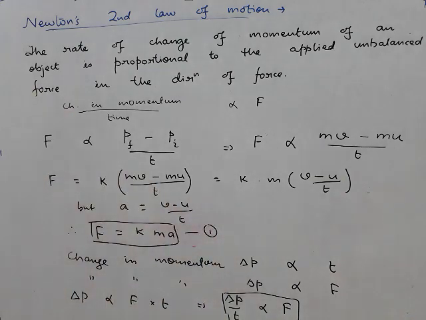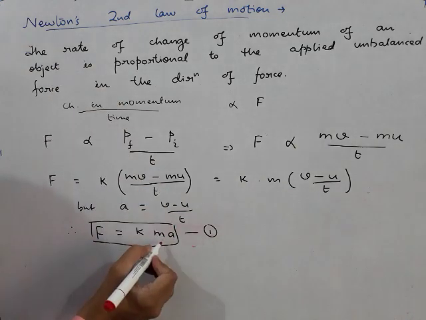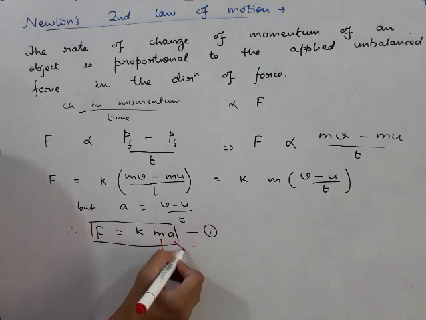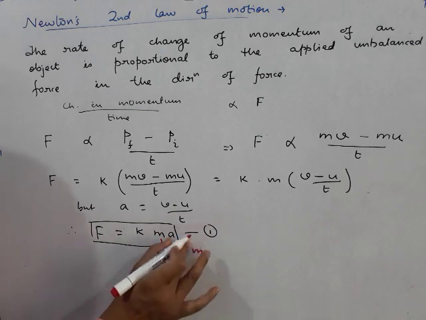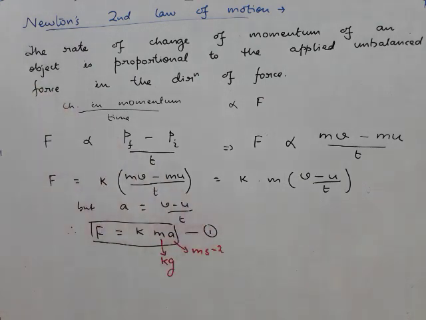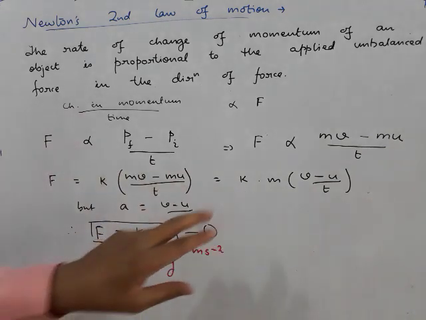Let's see their units. Mass, you know, students, has SI unit kilogram. Acceleration has SI unit meters per second square. Here this constant K is dimensionless. Dimensions you might not know, but you should understand it is unitless.